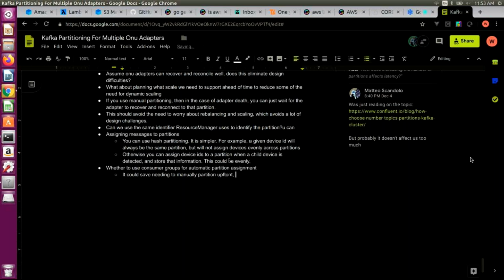I mean, we can try it, but again, it's the trade-off in cleverness. There are some stability implications there. But I think the very important thing here is to avoid the rebalancing. How we assign ONUs to partitions is not that much complexity that we are adding or removing, as long as the assignment is consistent.